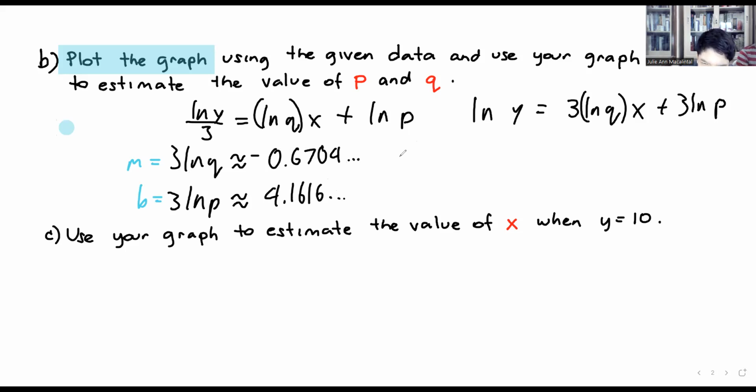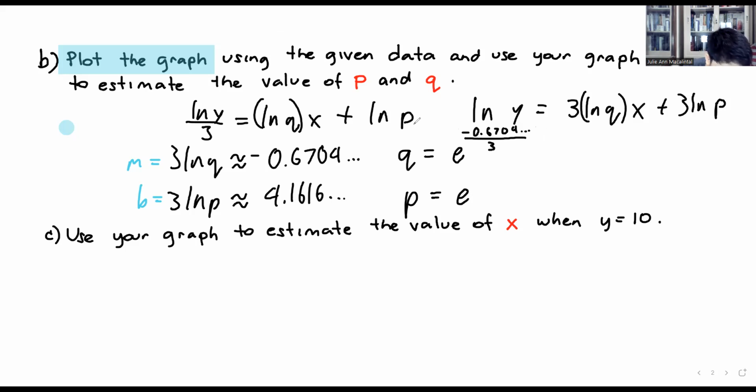So q equals e to the 0.6704 over 3. I'll just move this a little bit closer, something like an exponent. Let's find the sweet spot there.